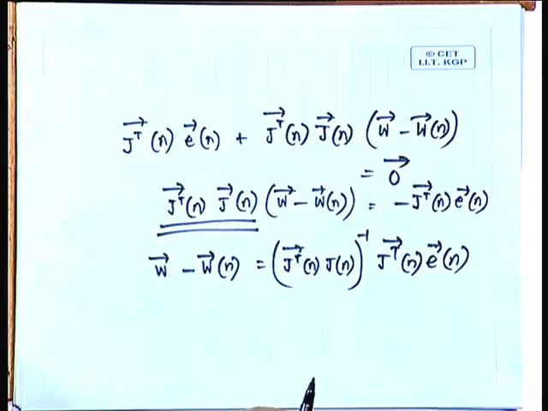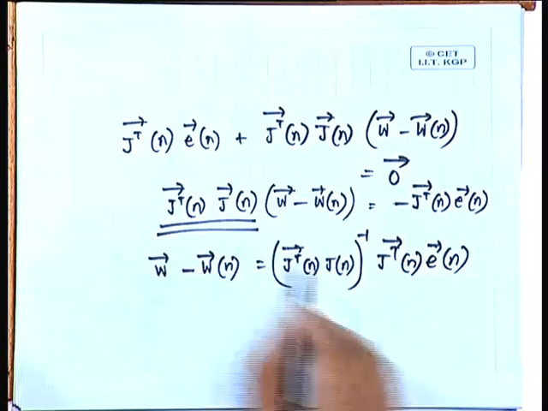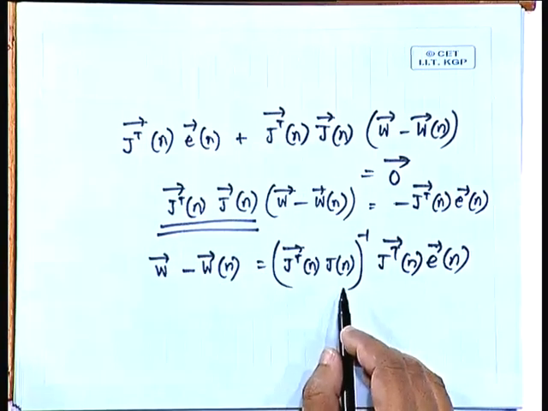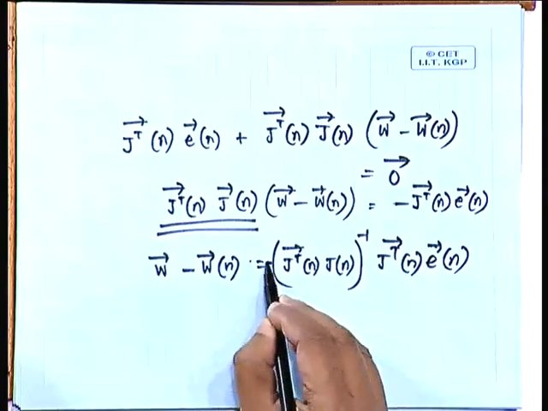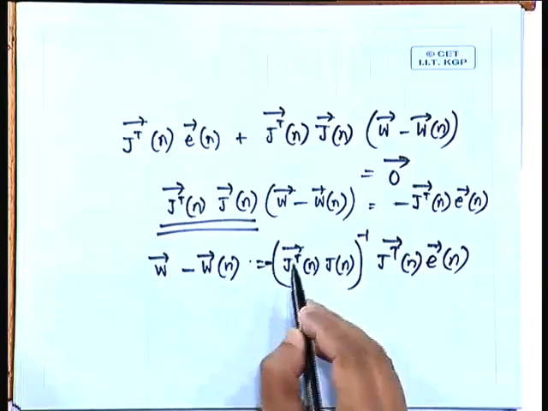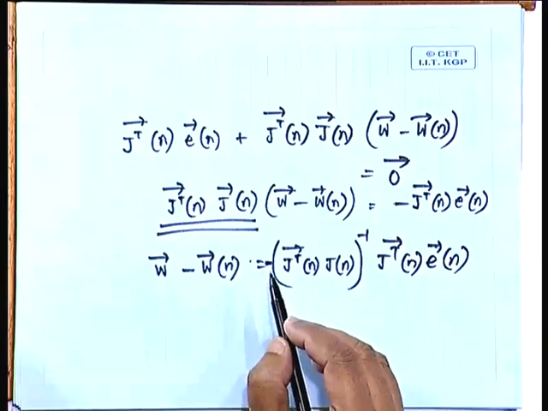Just multiplying the left hand side and the right hand side by this matrix term's inverse. Minus sign, very good, yes. People have rightly pointed out that there is a minus sign over here.